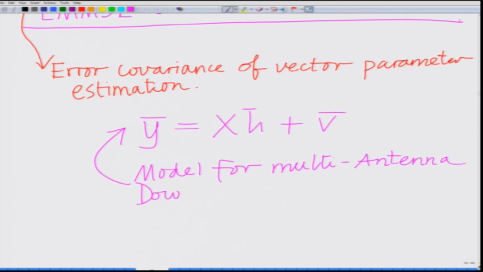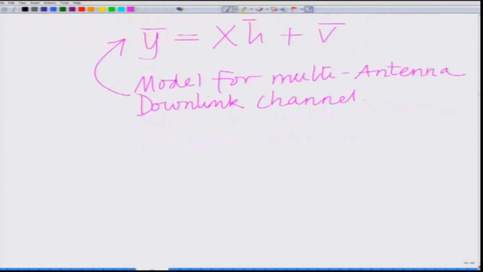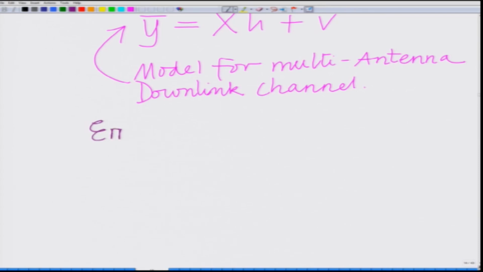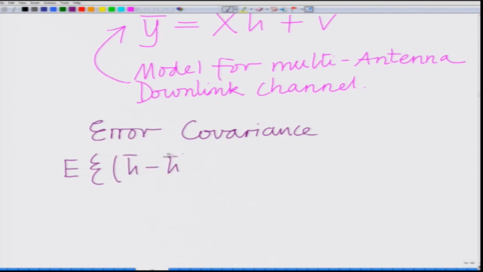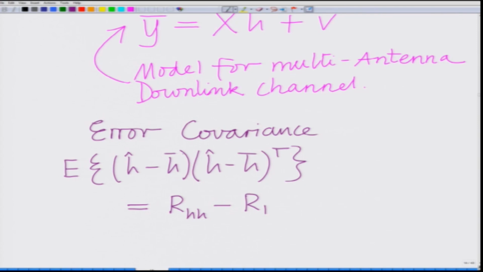And the expression for the error covariance, that is the expected value of (h hat minus h bar) times (h hat minus h bar) transpose, can be obtained as R_HH minus R_HY into R_YY inverse into R_YH.